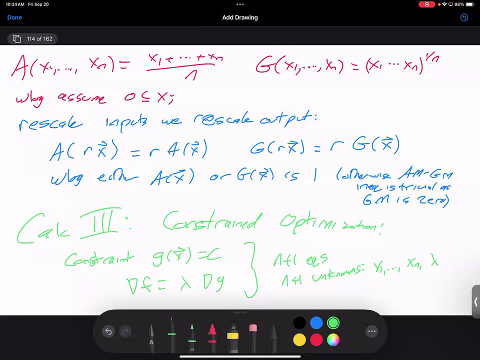The non-negative x's such that the arithmetic mean is 1, or the non-negative x's such that the product is 1? Which is going to be a finite space? The non-negative x's sum to 1, the non-negative x's multiply to 1.